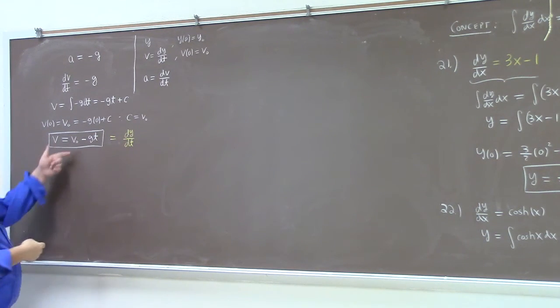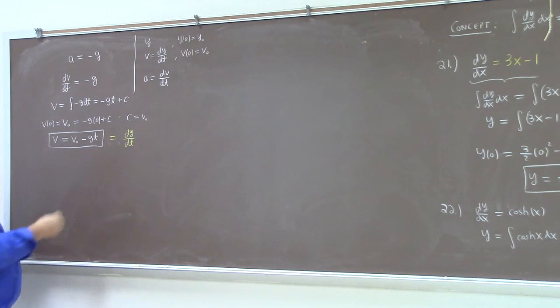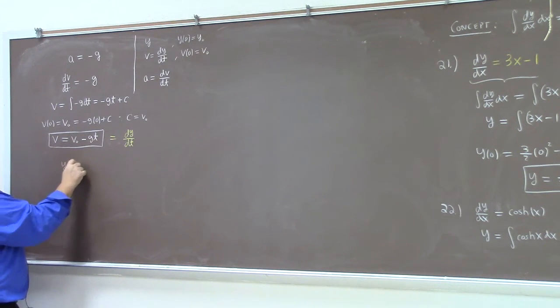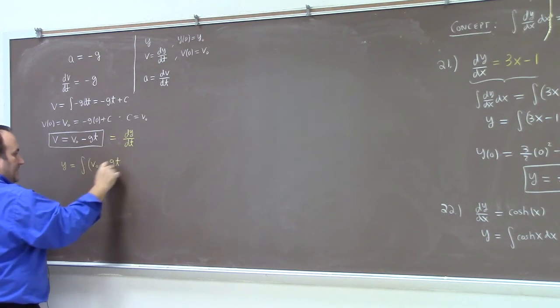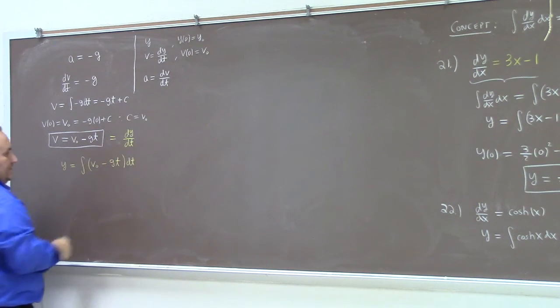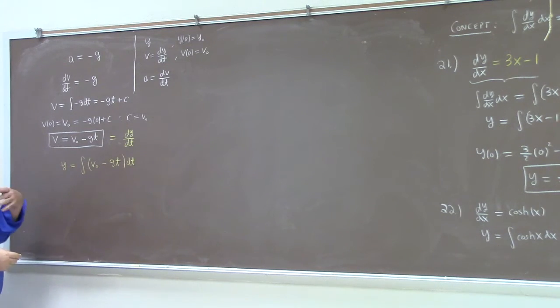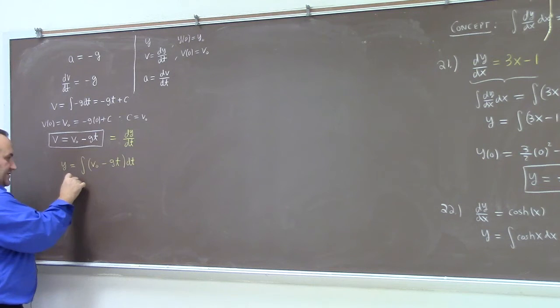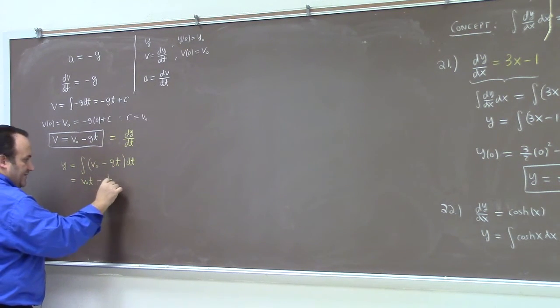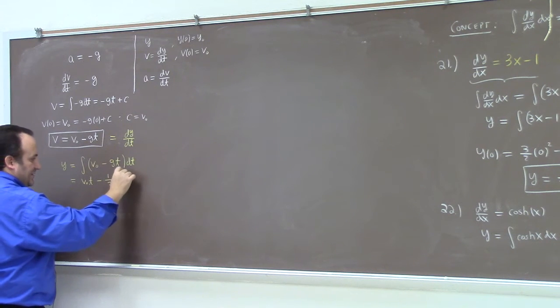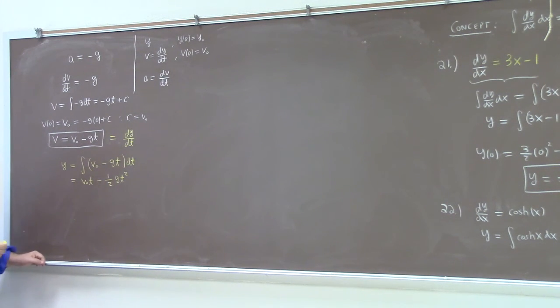So I can integrate this with respect to time again, and I get y is the integral of v naught minus gt dt. Keep in mind that v naught and g are just constants, physical constants. So this is v naught t minus 1/2 gt squared, because the integral of t is 1/2 t squared, as we've seen today.